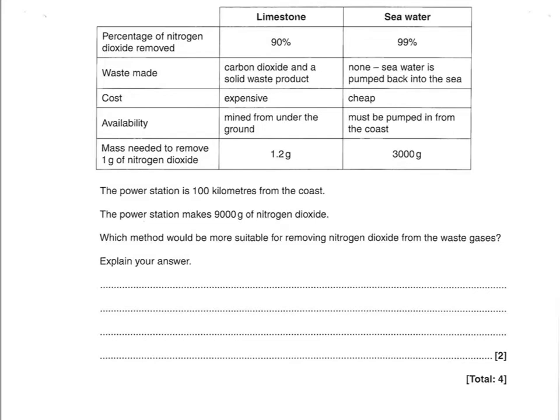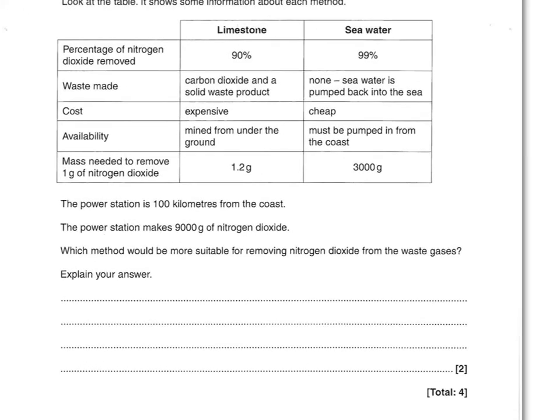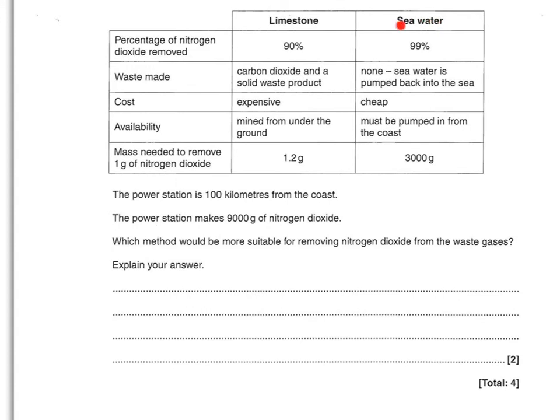So either of those, you could choose seawater or limestone, but you had to make sure that you had 2 reasons for the one you chose. So if you went through each one, seawater gets rid of more nitrogen dioxide, and there's no waste made, and it's cheaper. But you could choose limestone because you don't need as much. Only a small amount is needed to remove the same amount of nitrogen dioxide. And you don't have to pump it from the sea, it can be mined.